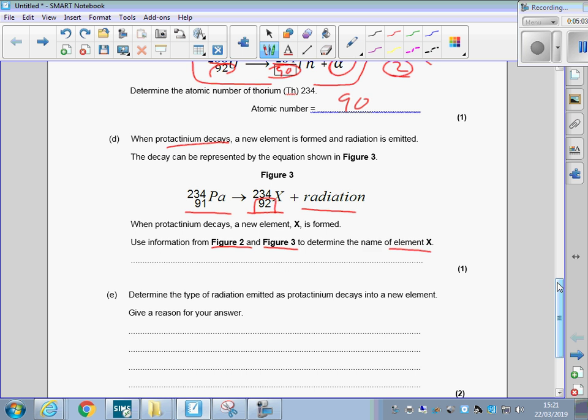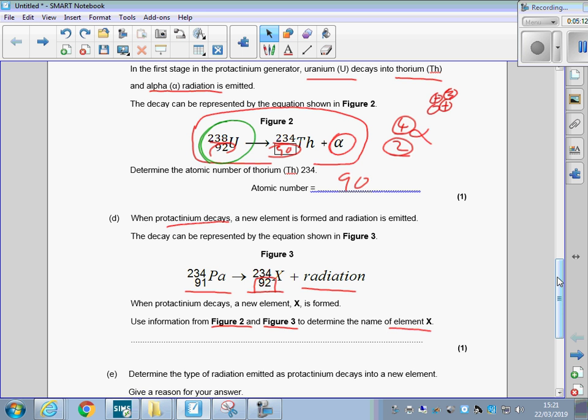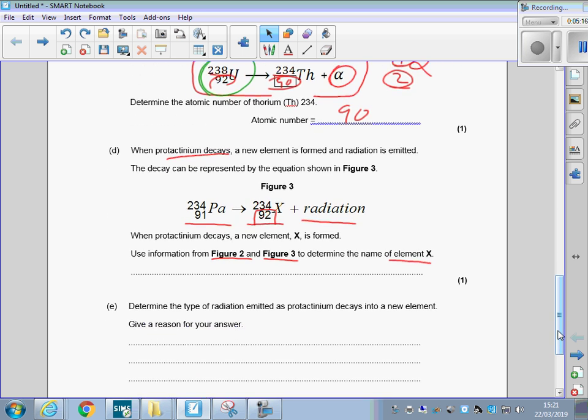So whatever element X must be, it must have 92 protons. Well, here we have something with 92 protons already. It's uranium. The fact that it's got a different atomic mass doesn't make any difference to the element. It just means it's an isotope of uranium, but it is still uranium. So the name is uranium.